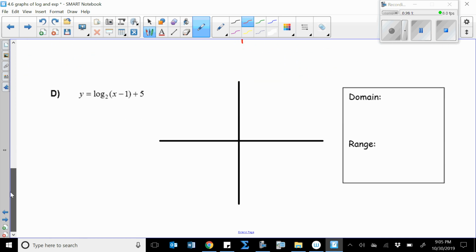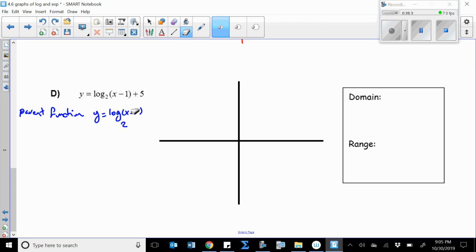The last function that we want to graph is this one. Again, first of all, let's find the parent function. The parent function is y equal to log of x, log of x base 2. This is the parent function.